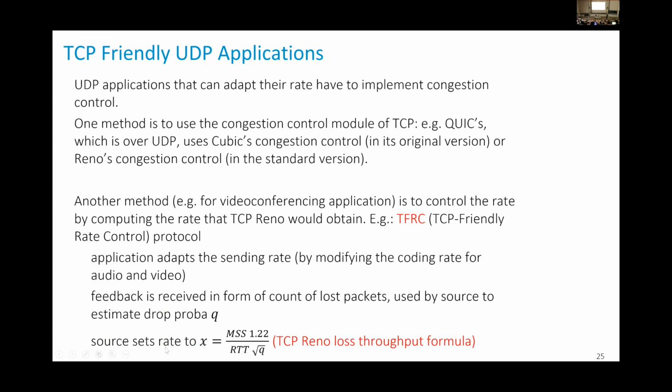And it's possible because, at least with some granularity, it's an audiovisual application that has several possible values of the rate. So this is one way of implementing what is called a TCP-friendly application, and the protocol for that is called TFRC, and this is how we would make sure we get practically the same as TCP, and therefore avoid congestion collapse and have some efficiency.